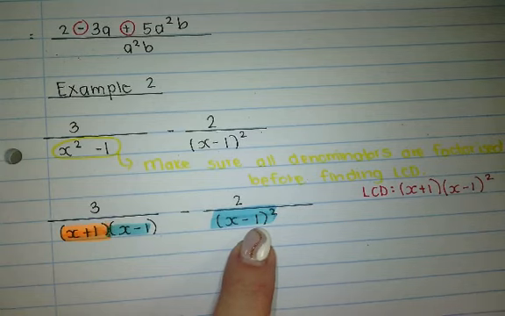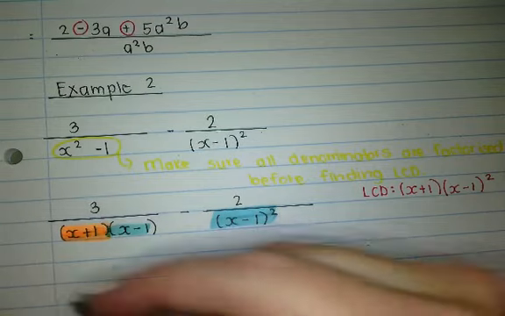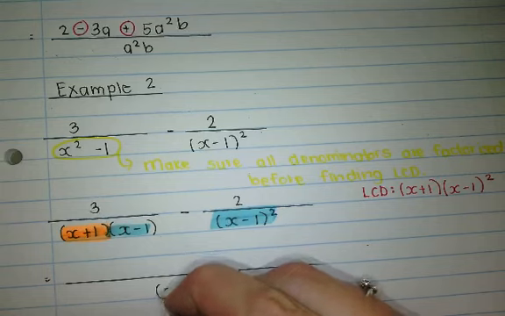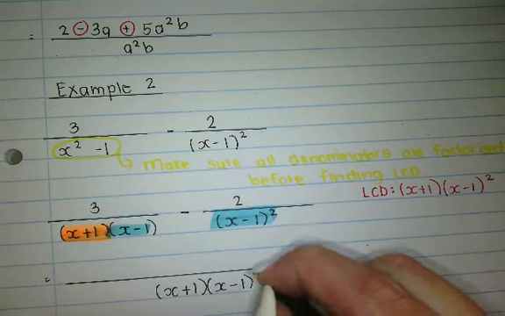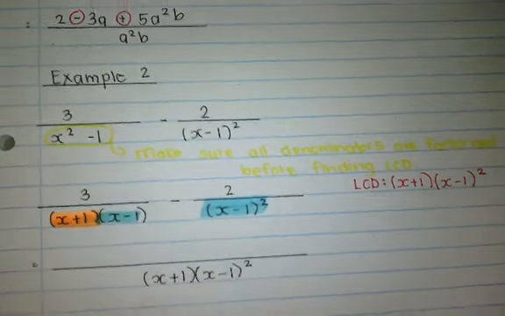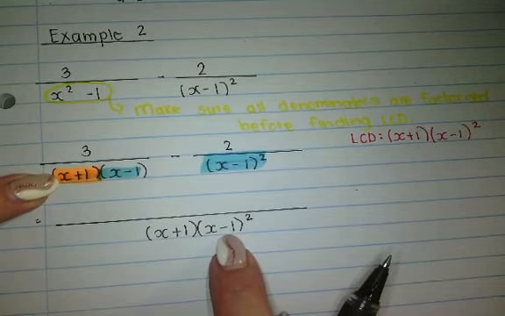Highest exponent here is x minus 1 squared. Can I finish off quick? Even if you just listen and write it down when you get home. Okay, so my LCD is going to be x plus 1, x minus 1 squared. Right, so you're fine. Just listen. I'll send it on the group for you guys to copy.